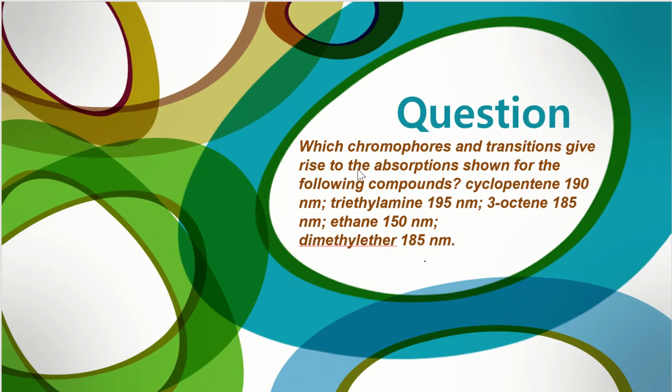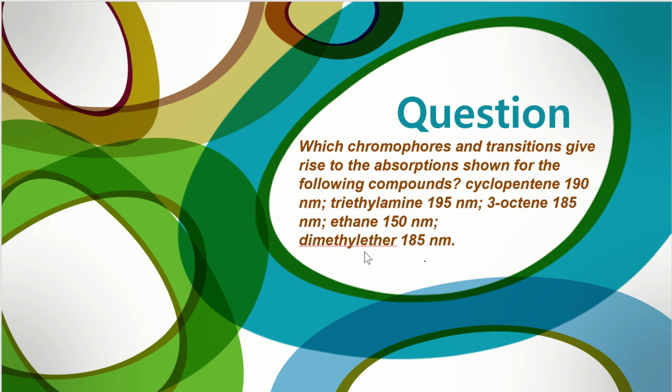All right, so let's see if we can use that information with this question. Which chromophores and transitions give rise to the absorptions shown in the following compounds? So we have cyclopentene at 190 nanometers, triethylamine 195 nanometers, 3-octene 185 nanometers, ethane 150 nanometers, and dimethyl ether at 185 nanometers.